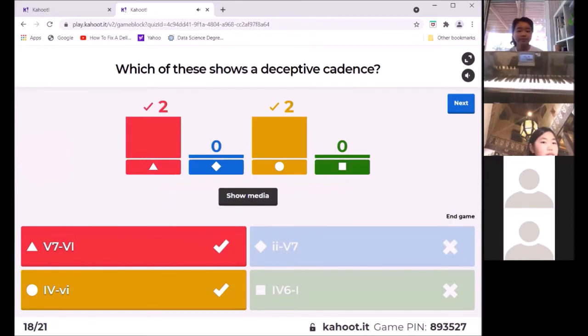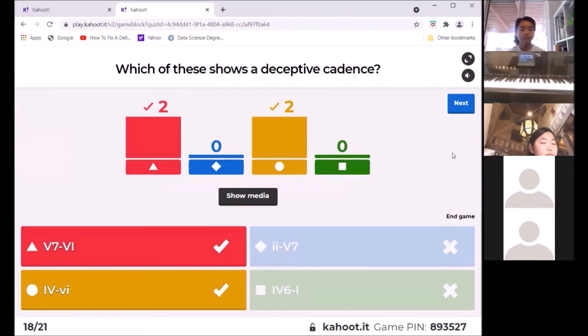Okay, so for deceptive cadence, remember that we have two different types of deceptive cadences that are very common. One of them has some type of a 4 chord to a 6 chord, and the other has some type of a 5 chord to a 6 chord. So remember that the most important identifying feature of deceptive is that the second chord is a 6.